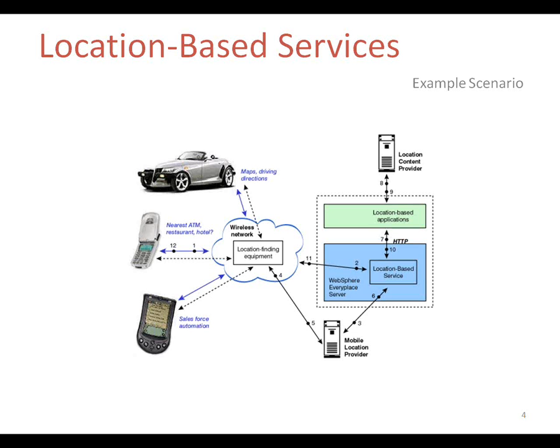In the second example, we can see what we are doing here for finding the nearest ATM, restaurant, hotel, etc. from a mobile phone.